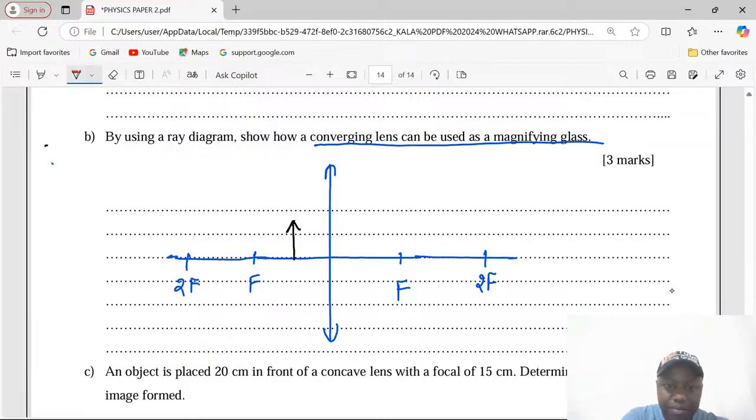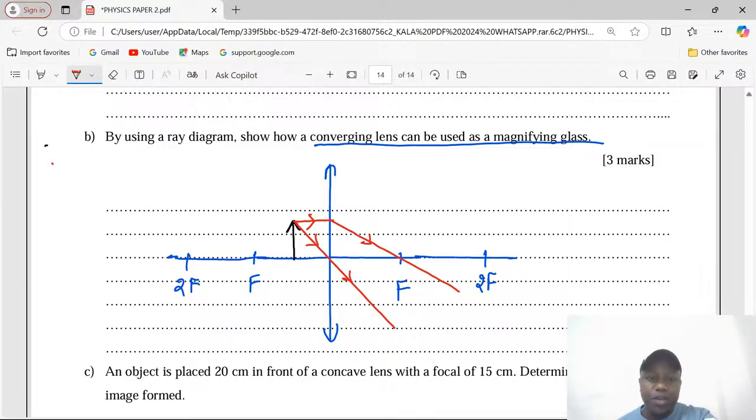A ray from the tip, which is close and parallel to the principal axis, is going to be refracted through F. A ray through the optical center will pass undeviated.